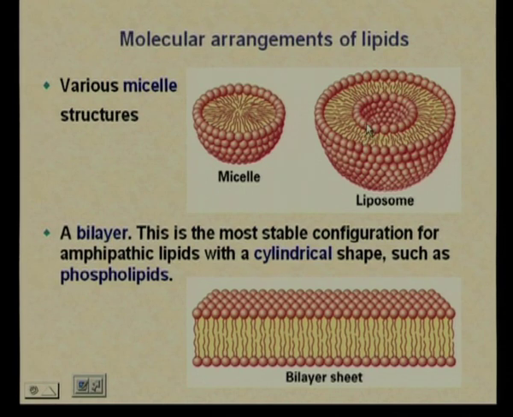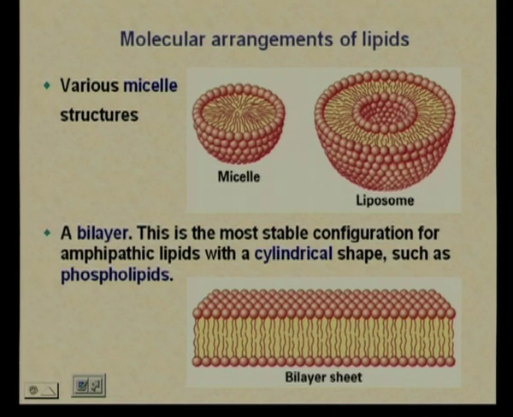What happens here is, you see, there is a lipid bilayer that forms a membrane, and inside we have a polar center. Okay? Now, the reason why I am telling you this is that it is used for a lot of drug delivery.